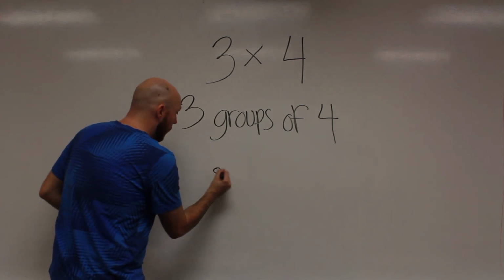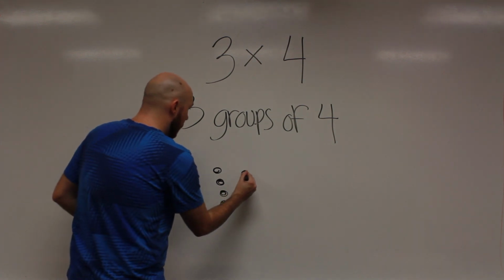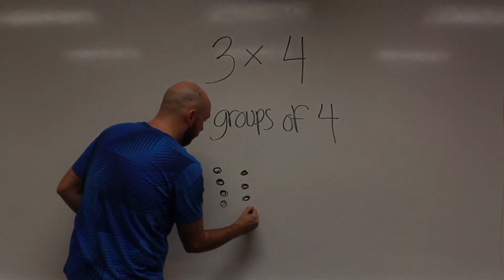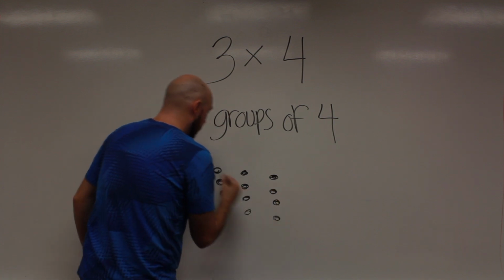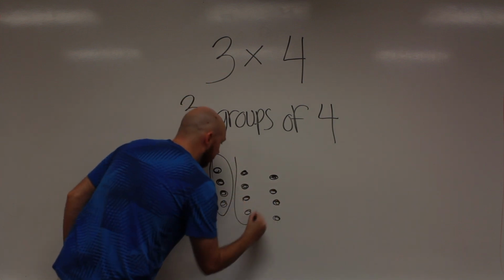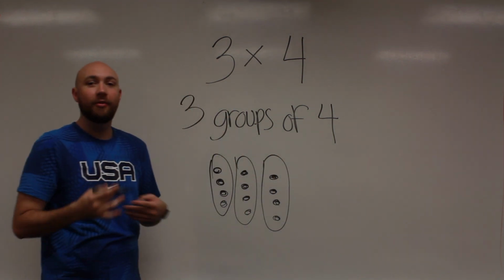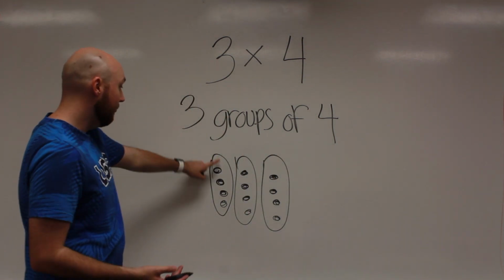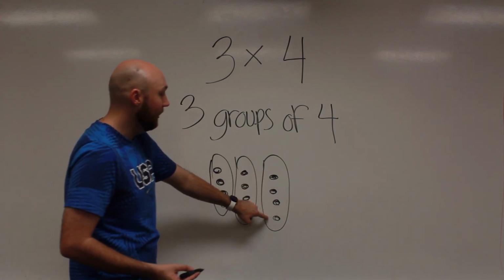So we have 1, 2, 3, 4. 1, 2, 3, 4. 1, 2, 3, 4. And now we have 3 groups with 4 in each group. So this is going back to the basics of multiplying, where we have 4 in each group, so we just count them up now. 1, 2, 3, 4, 5, 6, 7, 8, 9, 10, 11, 12.